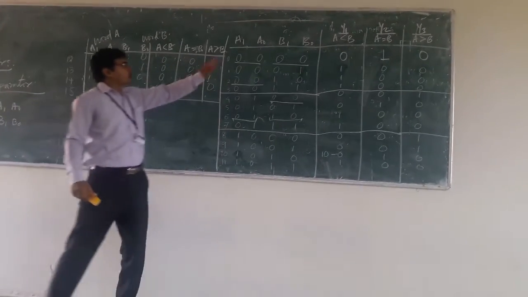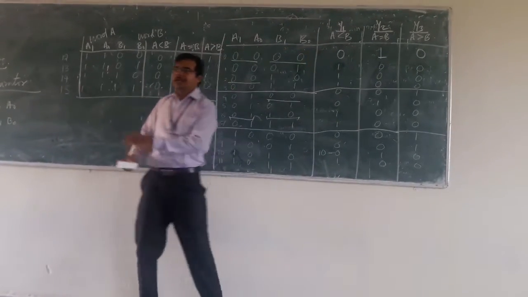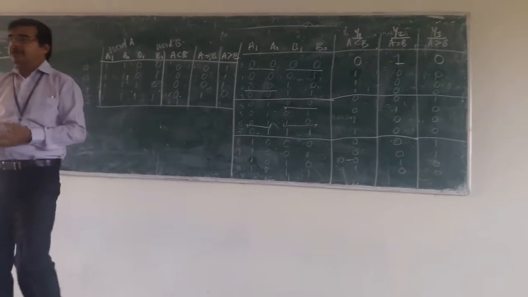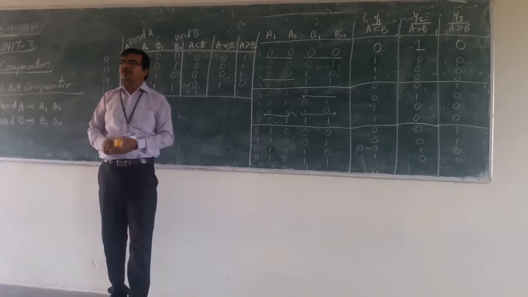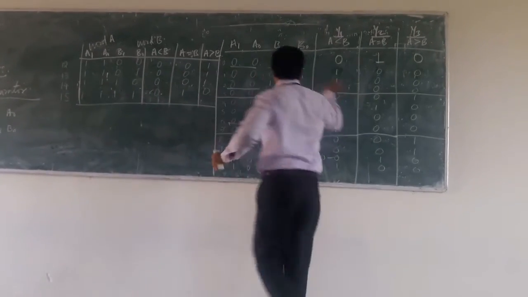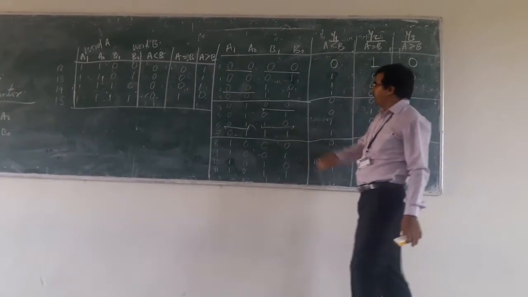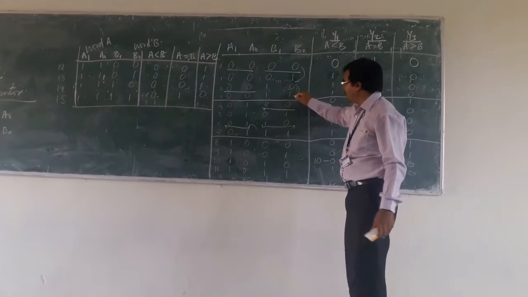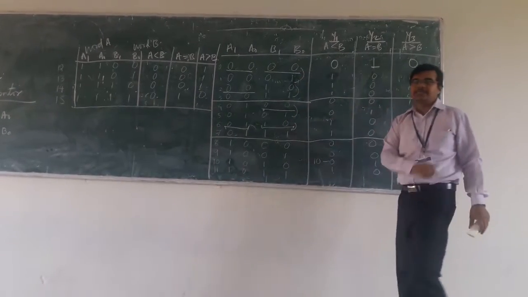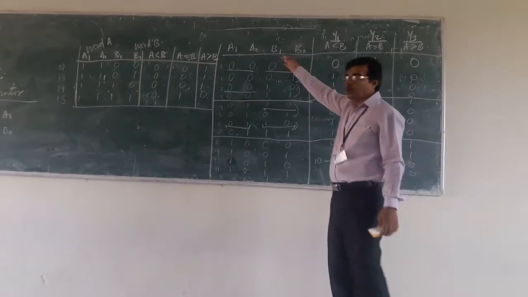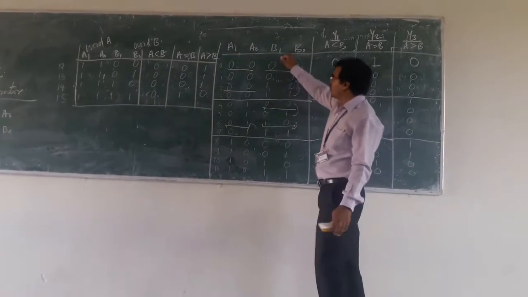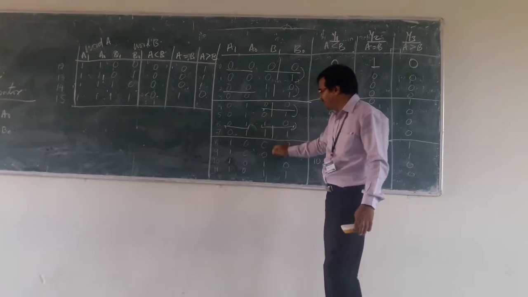If the question is how many different input combinations are possible, don't be confused. On the rightmost side, go alternate 0 1 0 1 0 1 0 1 from top to bottom. For the second one, go 0 0 1 1 0 0 1 1 0 0 1 1.